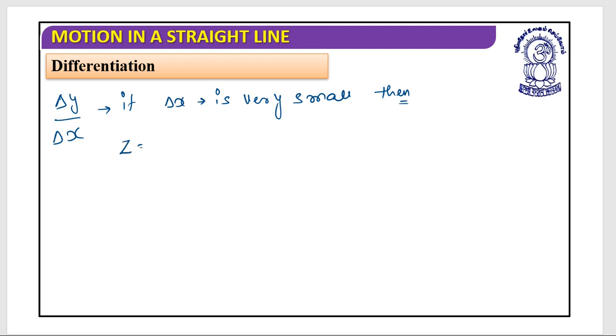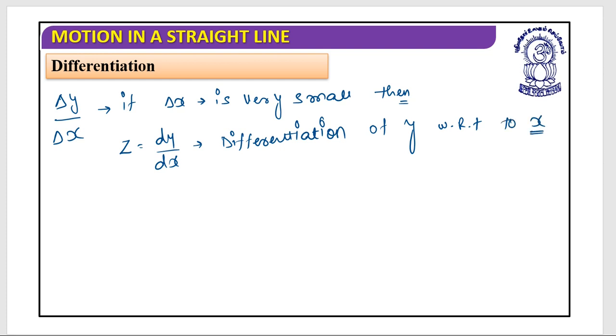Let's say z is equals to dy by dx. This is differentiation of y with respect to x. Understood?